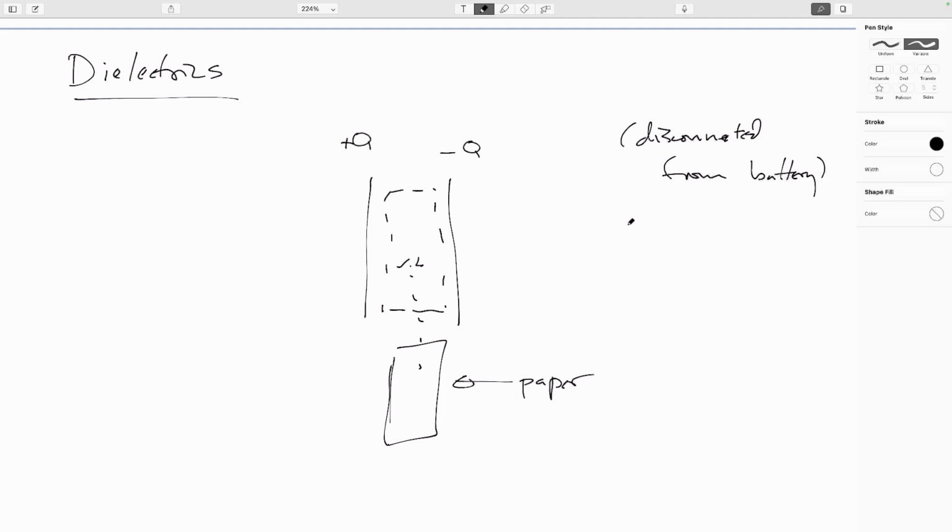So what I'm going to ask you, as a pause the video moment here, is what happens to the electric potential energy of the system. So pause the video and get back with me. Okay, so what turns out happens is that the electric potential energy decreases when I insert the dielectric.